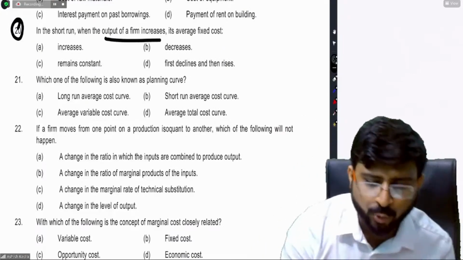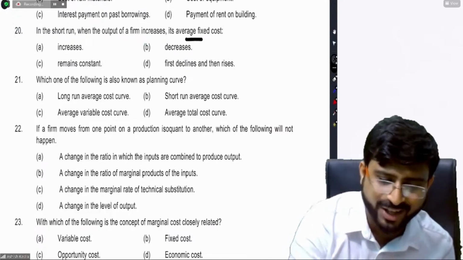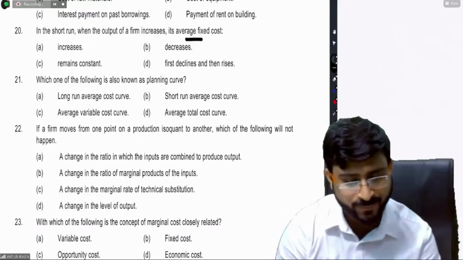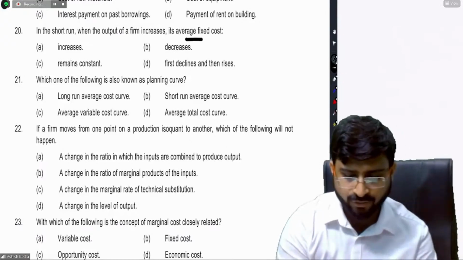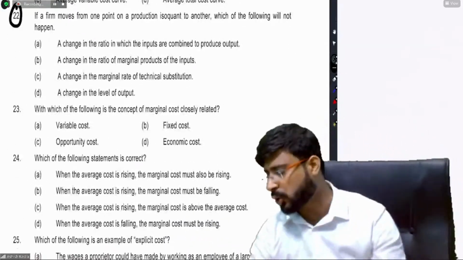In the short run, when output of a firm increases, its average fixed cost... okay, very good question. Number 22, you all tell me.